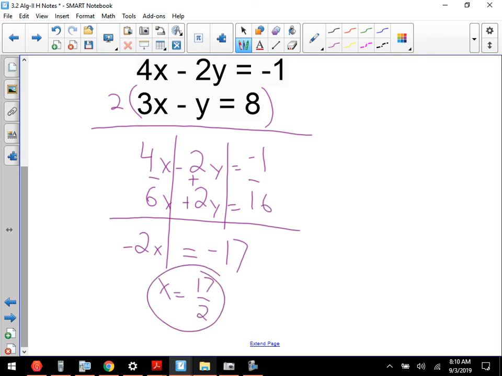And from there, I would substitute that back into the first equation. Reason being, that way, when I take 4 times that, the denominators clean up. So it should work out. Let's get 4.